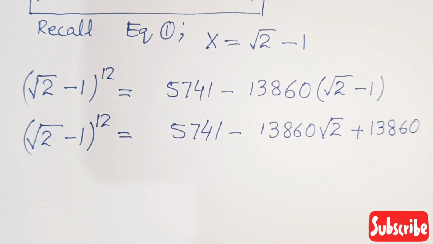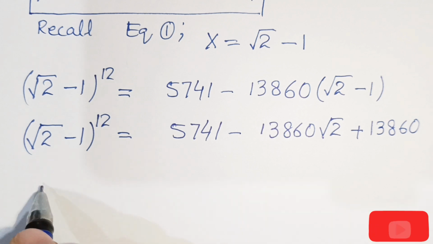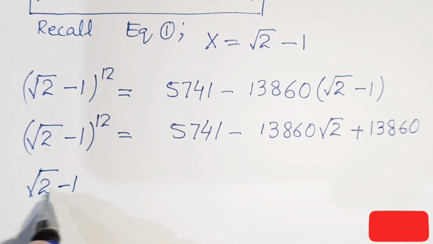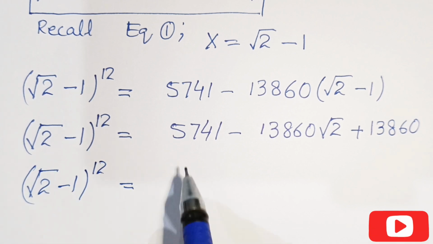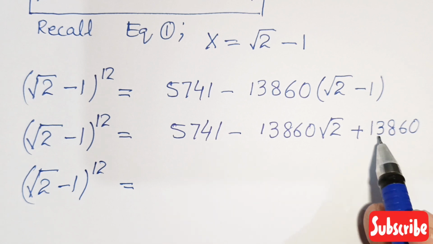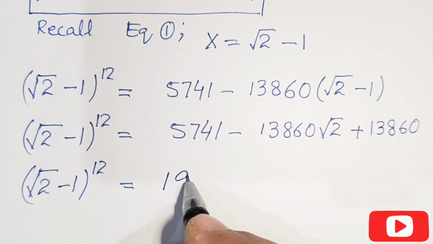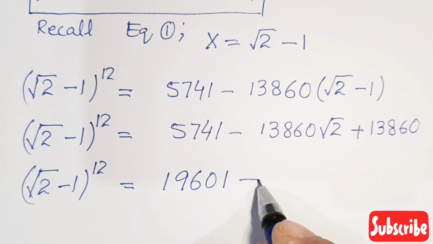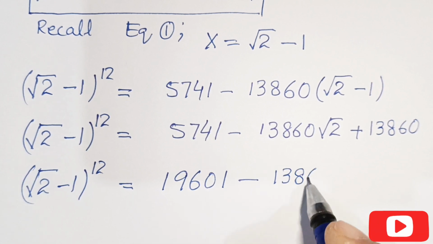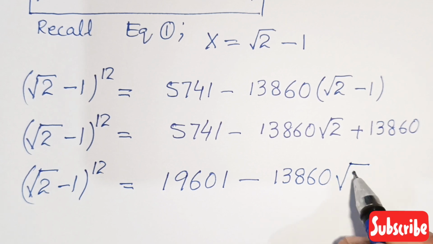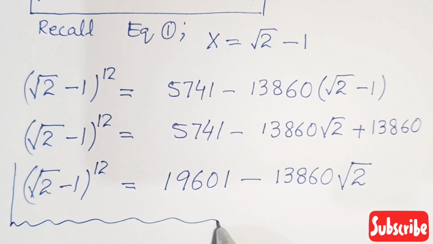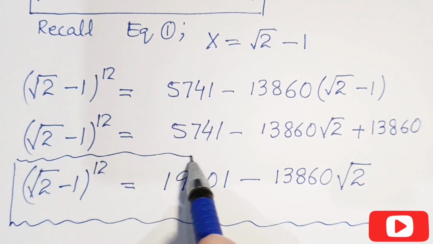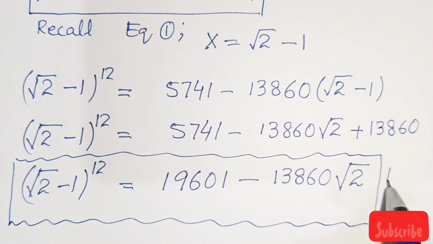Now our final step will be, here we have square root of 2 minus 1 whole to the power 12 is equal to, here we will get this 5741 adding with 13860, then we get 19601 minus 13860 times square root of 2. So it is our final value of square root of 2 minus 1 whole to the power 12. It is the simplified form, and it is our final answer.